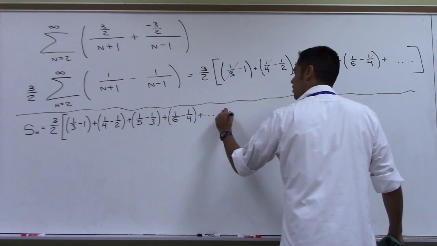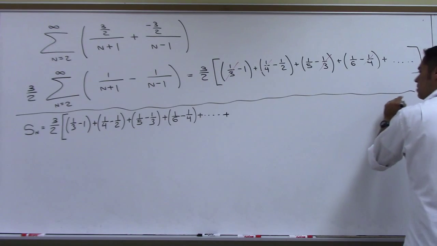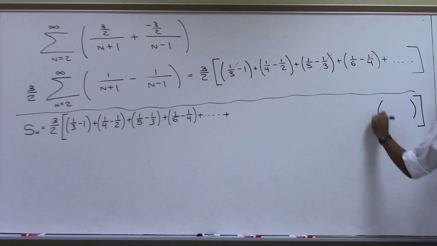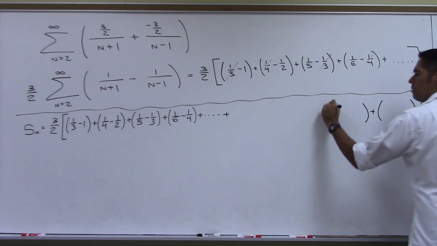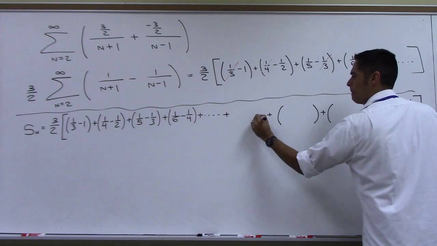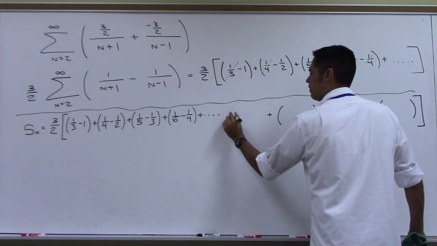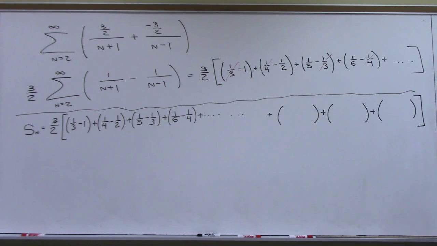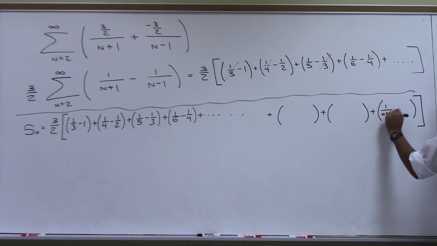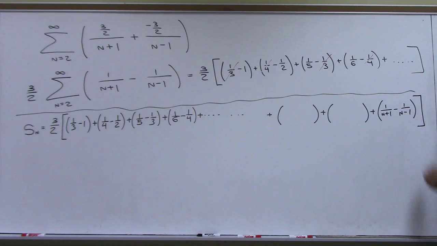And then plus, let's get the tail piece. So I have a bracket down here. I already know I'm going to probably have to have 3 of these to see the pattern. Yeah, it's good enough. What's the last one? Plug in n, so you get 1 over n plus 1 minus 1 over n minus 1, right?